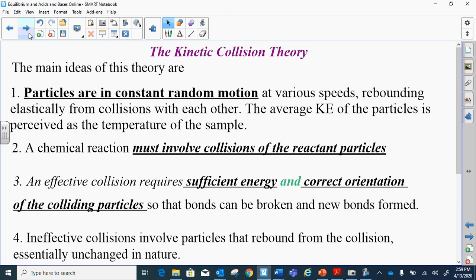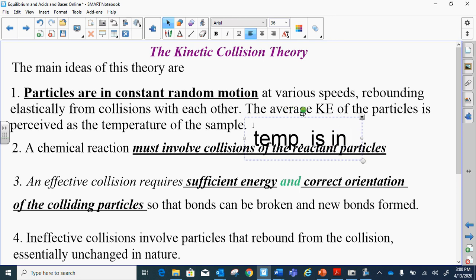As you increase energy, the particles move faster, and you can increase that energy by adding heat. Or again, you can remove that energy by decreasing the temperature, removing heat energy. So the kinetic energy of the particles is directly related to the temperature of the sample. And it's also important to note that the temperature here is in Kelvin.